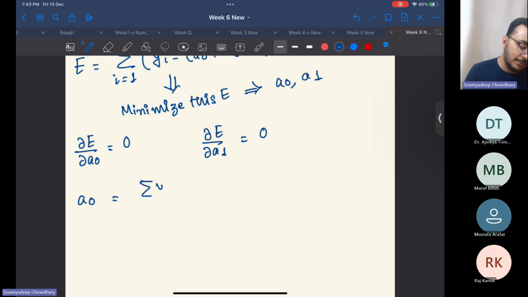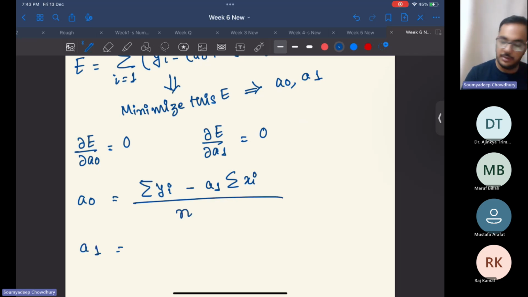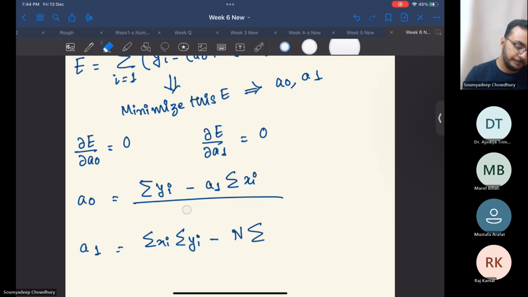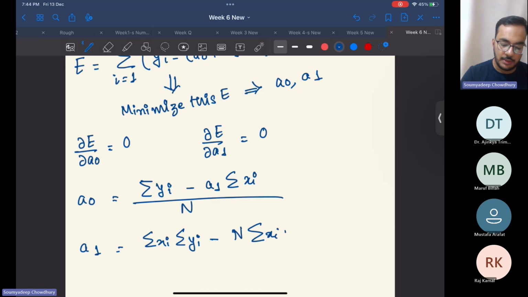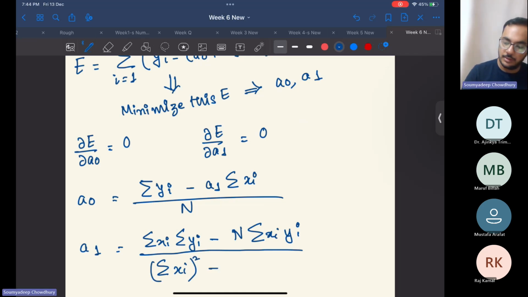So A0 is summation yi minus A1 summation xi, upon n, where A1 is summation xi summation yi minus n summation xi yi, upon summation xi whole square minus n summation xi square.